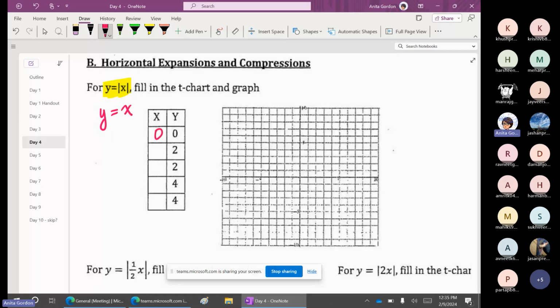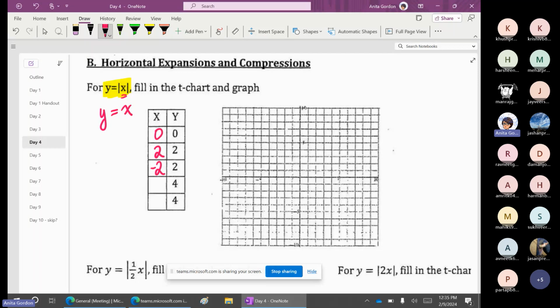0. If y is 2, then x is 2, or what's the other possibility? Or -2. Yes, thank you. -2 or +2. X can be whatever it wants, but because it is inside these absolute value brackets, the output must be positive.